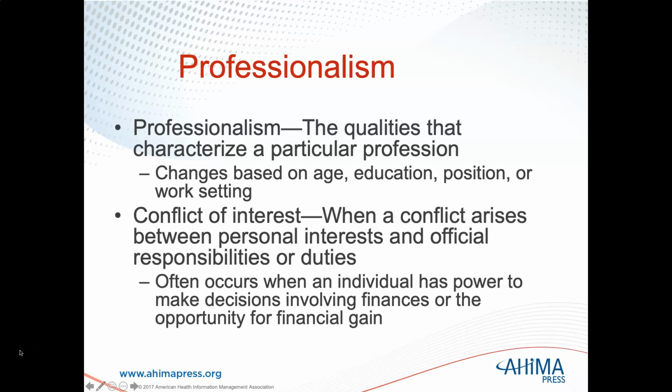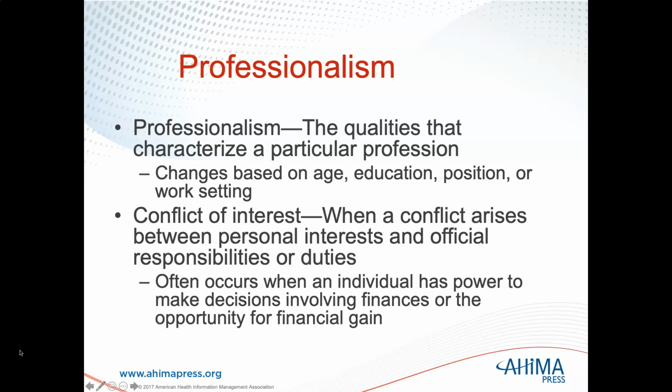It would not be right, it would be a conflict of interest if that hospital only let patients choose the skilled nursing facilities that they owned or had some type of financial stake in. That wouldn't be right, especially if they weren't open and honest with the patient about it. And these are examples of conflicts of interest.